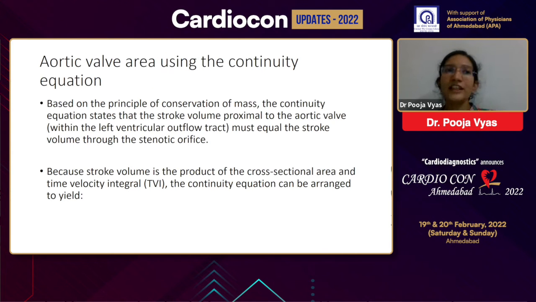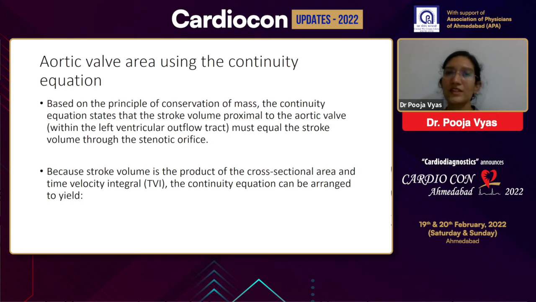So complete evaluation of the quantification of the aortic stenosis includes determination of aortic valve area using the continuity equation. And this continuity equation is based on the principle of conservation of mass. The continuity equation states that the stroke volume proximal to the aortic valve must equal the stroke volume through the stenotic orifice.